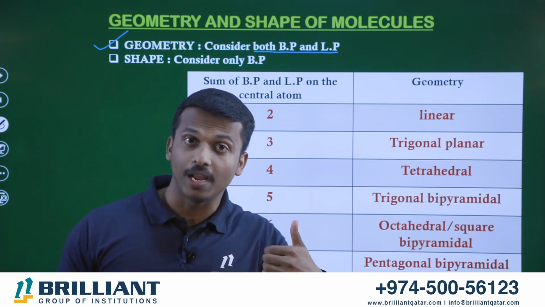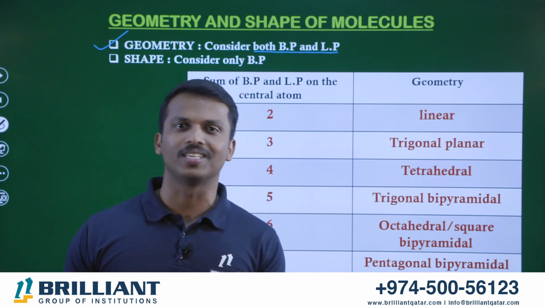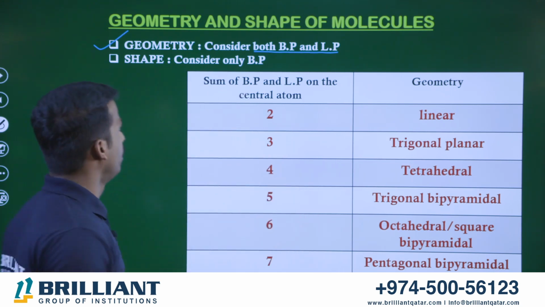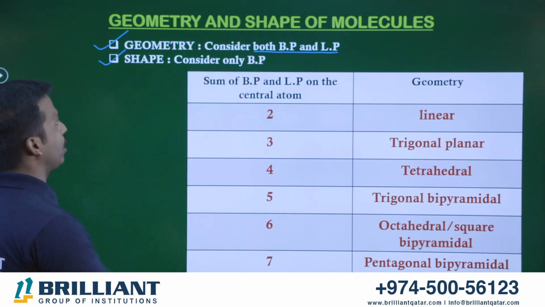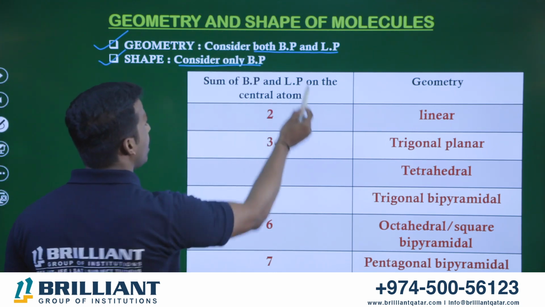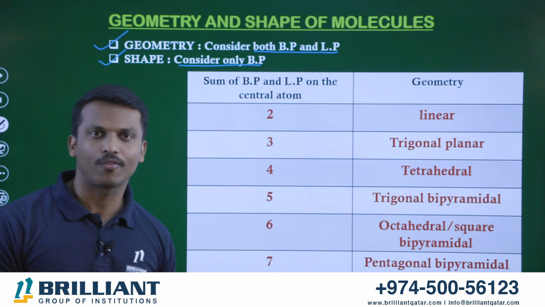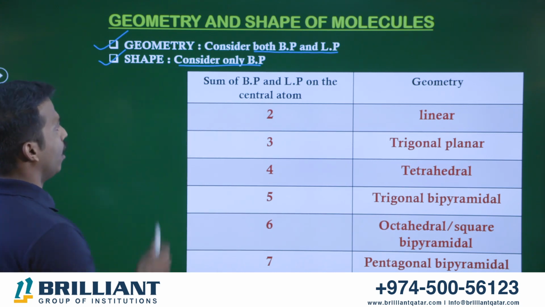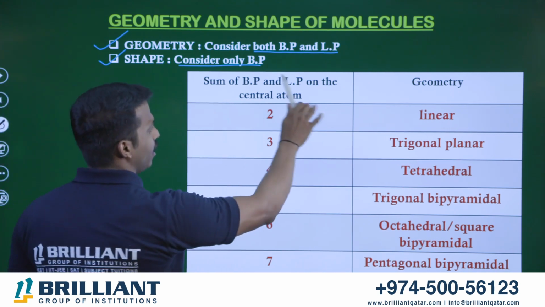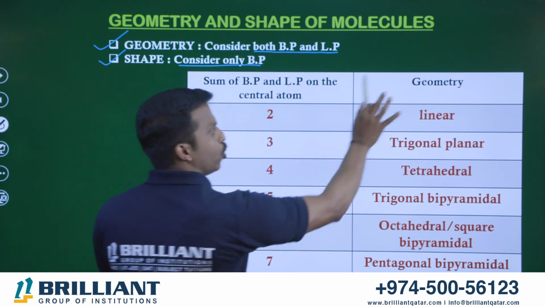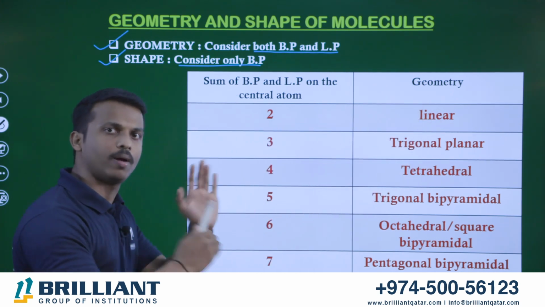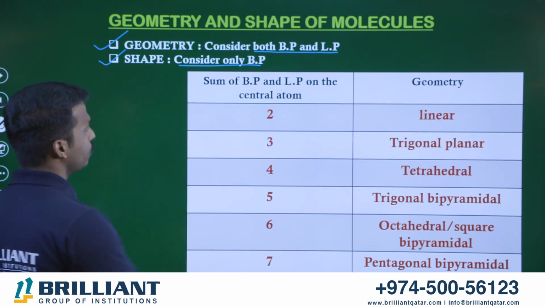Then what about the shape of a molecule? You have to consider only the bond pair. Clear all of you? Let us discuss, don't worry. In this table I'm just mentioning geometry and shape; how to determine, I will tell you in the next topic.